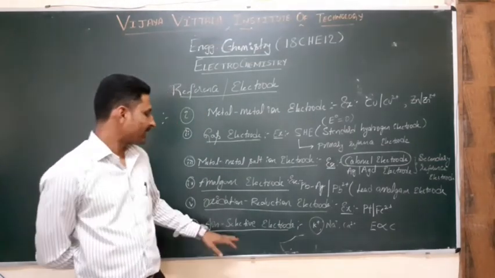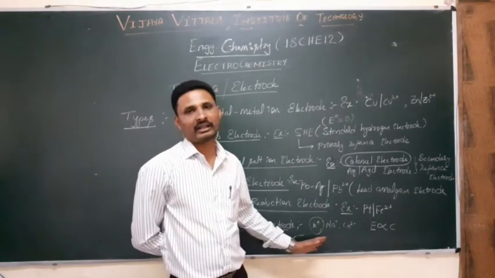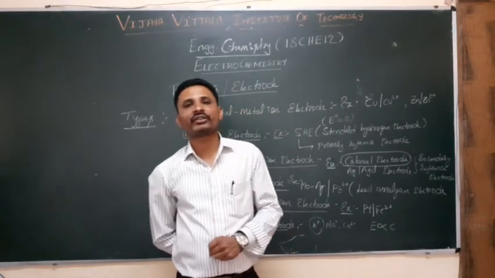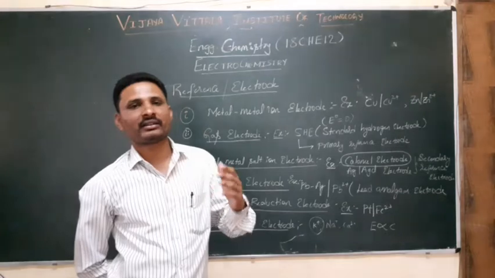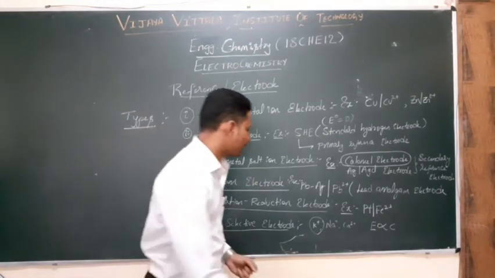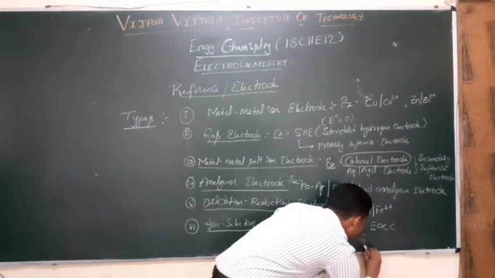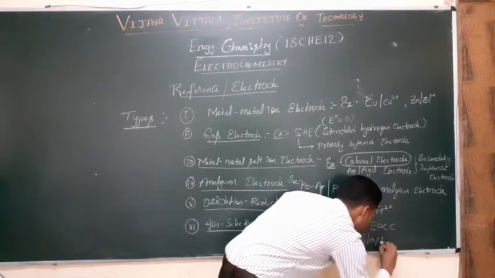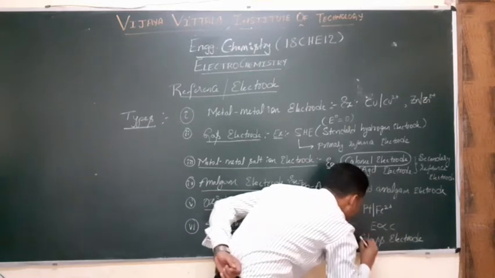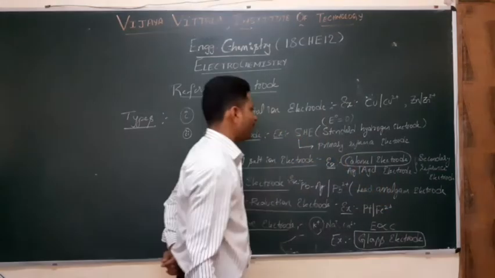The ion selective electrode is very selective towards a particular ion, and the electrode potential is proportional to the concentration of that ion. Got it? The example is the glass electrode. The glass electrode is an example of an ion selective electrode. This electrode also we are going to study here.